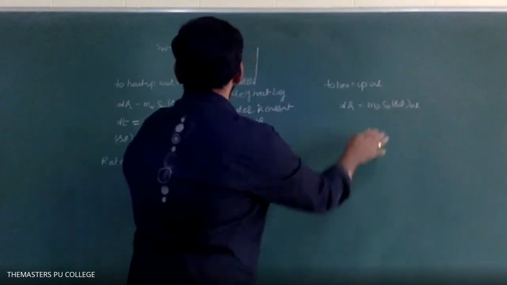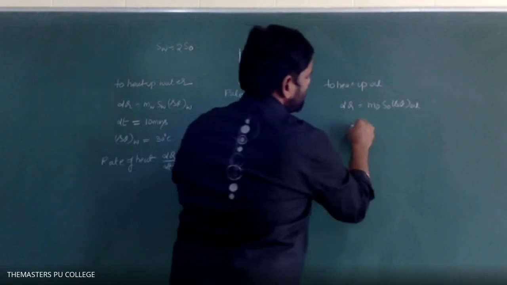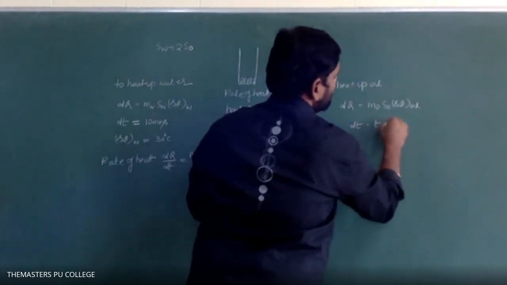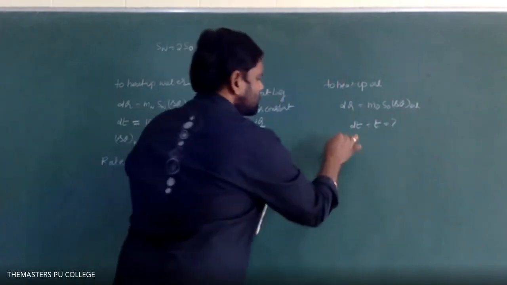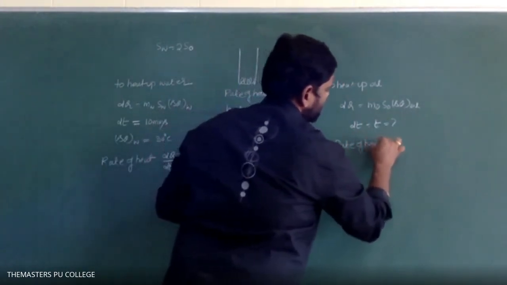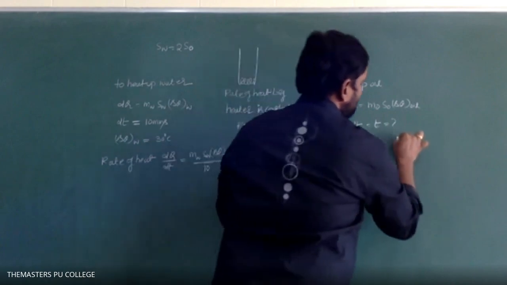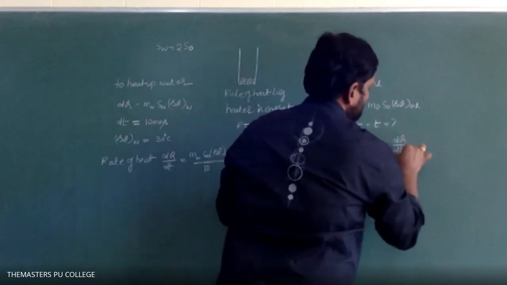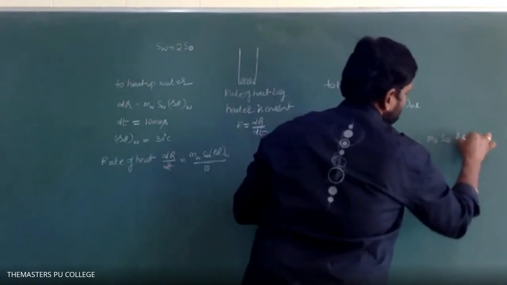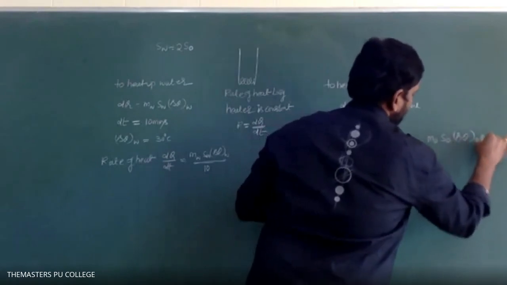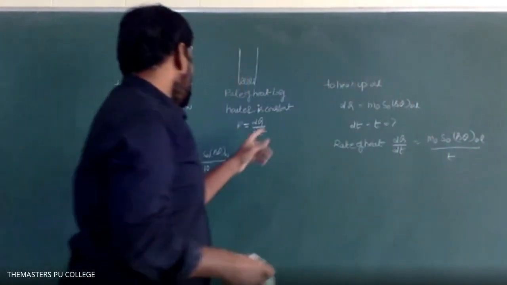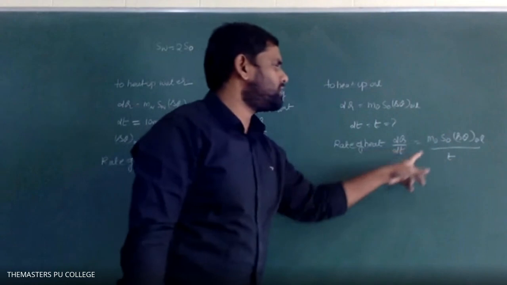Here I don't know the time, so let us take some time t. The rate of heat in this case is again dq by dt. So I will get m naught into specific heat of oil into delta theta of oil divided by t. Here the rate of heat is this one, and here the rate of heat is this one.